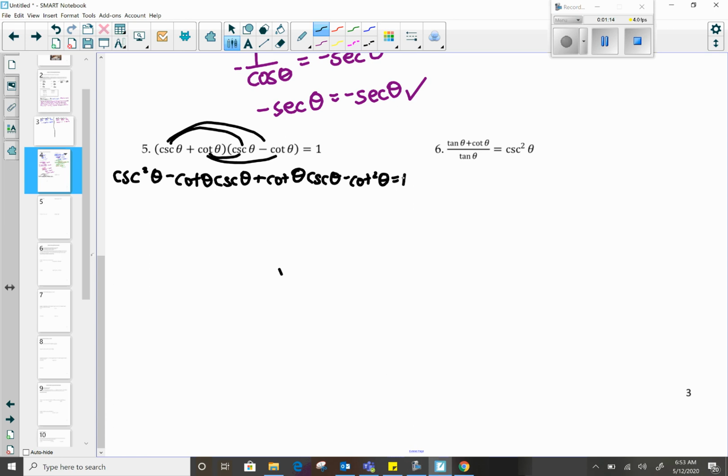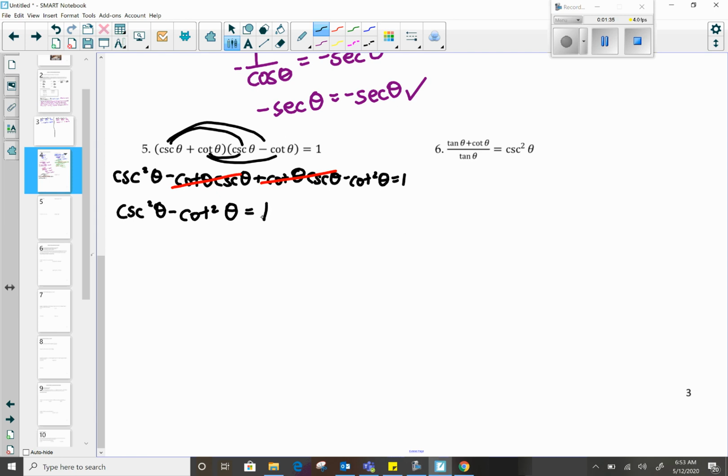I'm hoping it equals 1. Okay, now the middles drop out and we're left with just cosecant squared theta minus cotangent squared theta equal to 1.